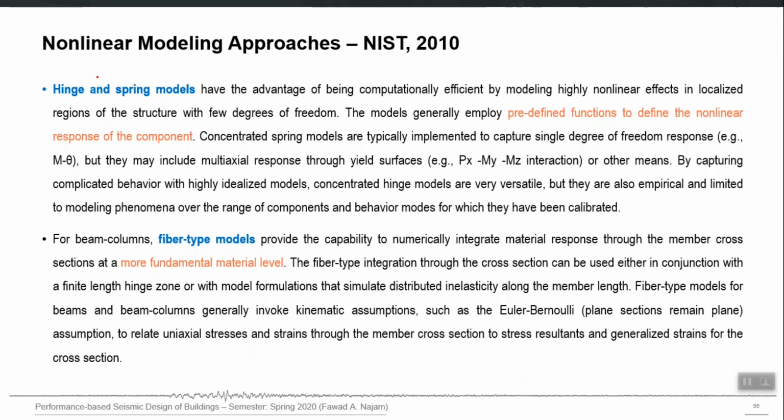Hinge or spring models are concentrated plasticity. You require predefined action deformation relationships to give as an input. Fiber type approach is in between continuum and hinge or spring model. It is based on defining the material level nonlinear behavior, but not as detailed as continuum.